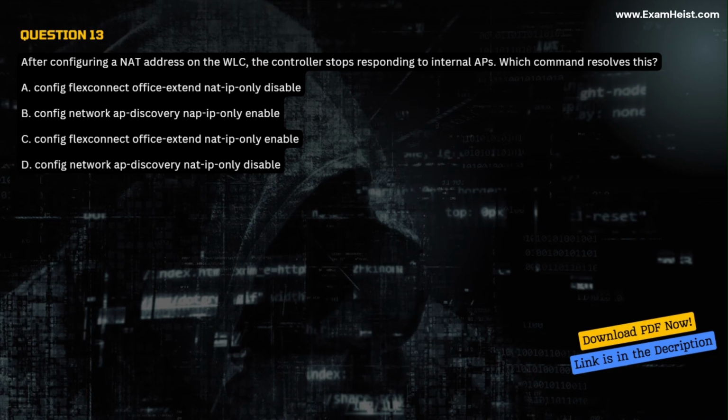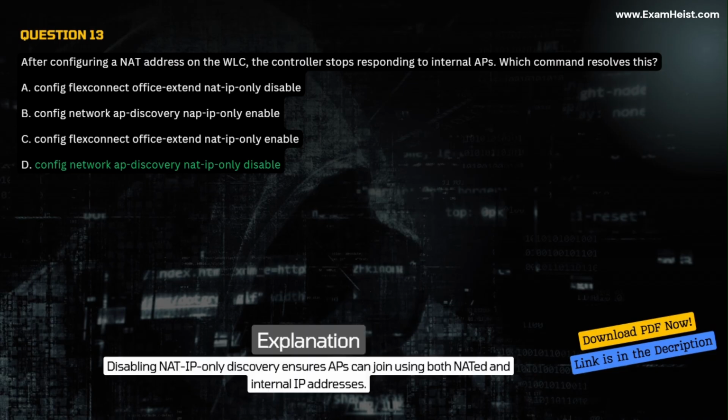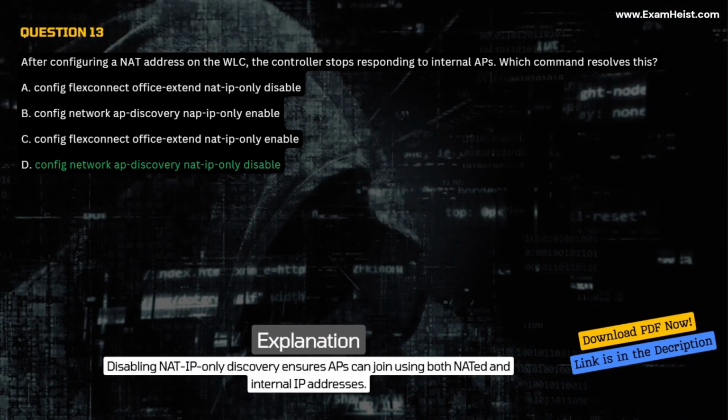D. Config Network AP Discovery NAT IP Only Disable. Correct answer D. Config Network AP Discovery NAT IP Only Disable. Explanation. Disabling NAT-IP only discovery ensures APs can join using both NAT and internal IP addresses.